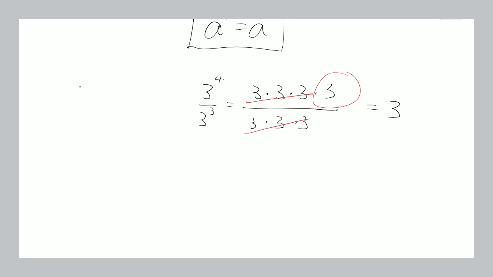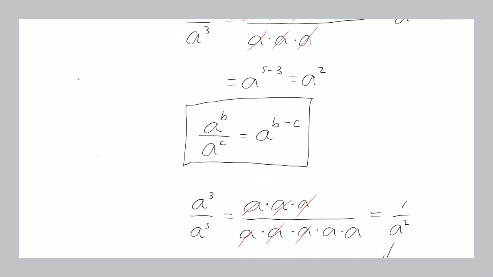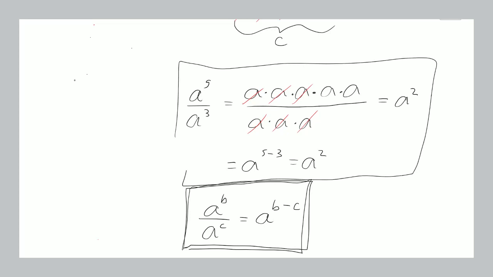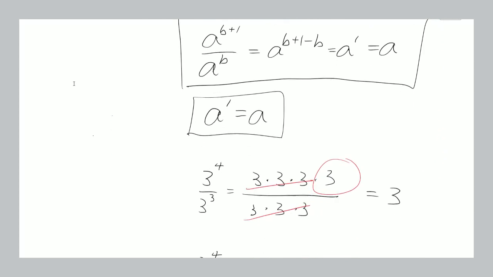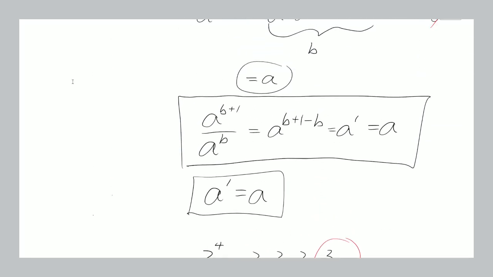And then if we use our shortcut, that 3 to the power of 4 divided by 3 to the power of 3 should be 3 to the power of 4 minus 3, that shortcut that we derived right here, which just stems from the definition of exponents, well, then that's 3 to the power of 1. So that's not just going to be the case with 3 and exponents 4 and 3. That's the case with anything like we showed here. That's why anything to the power of 1 is itself.